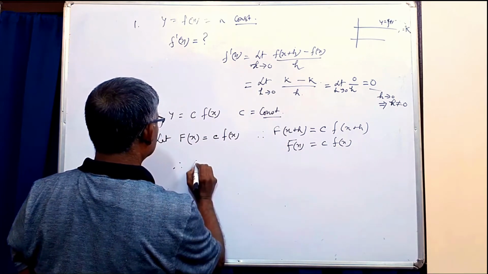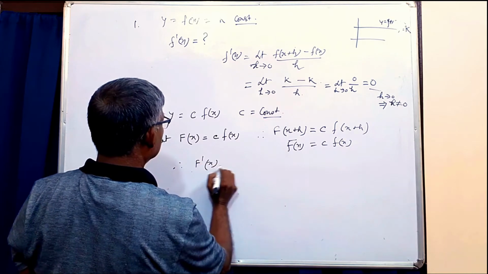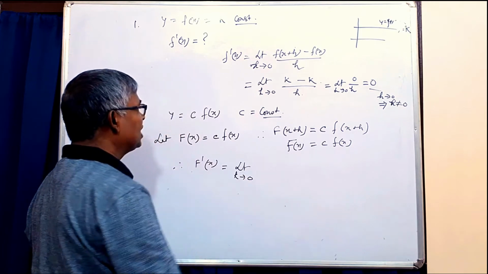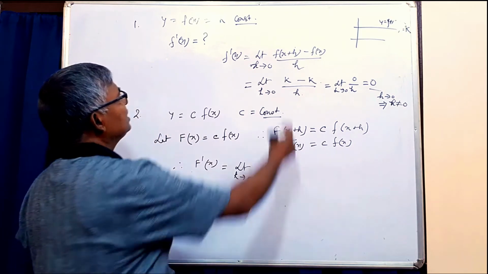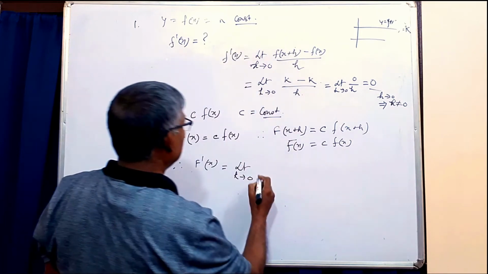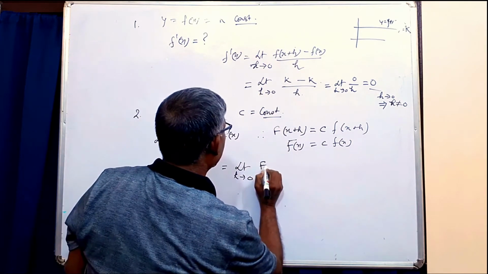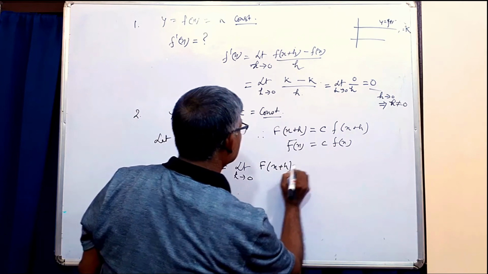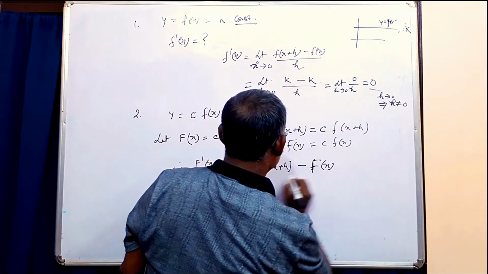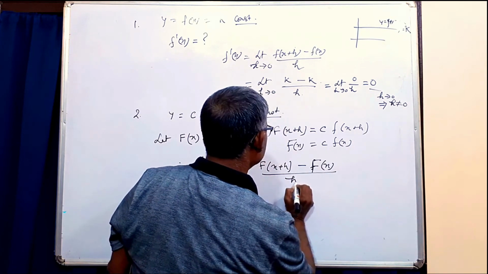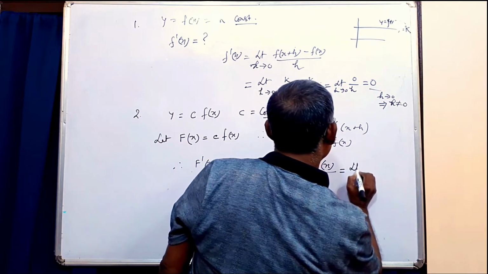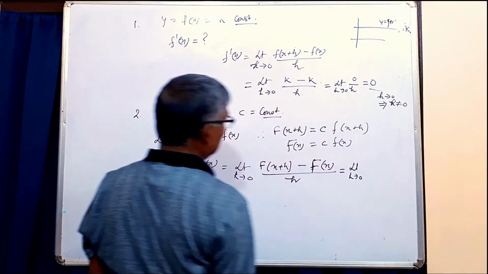Therefore f dash x equals limit h tends to 0, as per definition. You know, this is the definition. So capital F dash x equals limit h tends to 0, f of x plus h minus f x by h, equals limit h tends to 0.